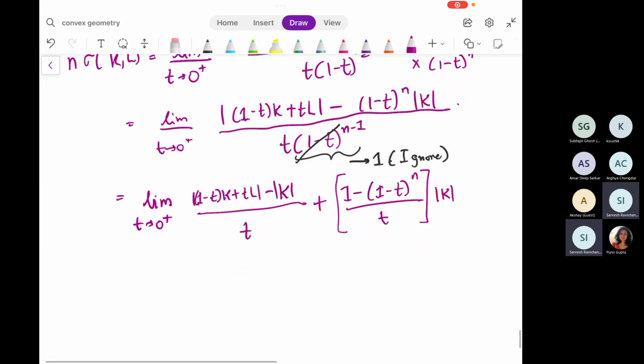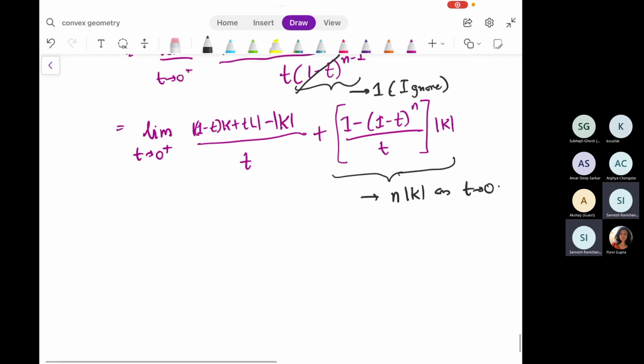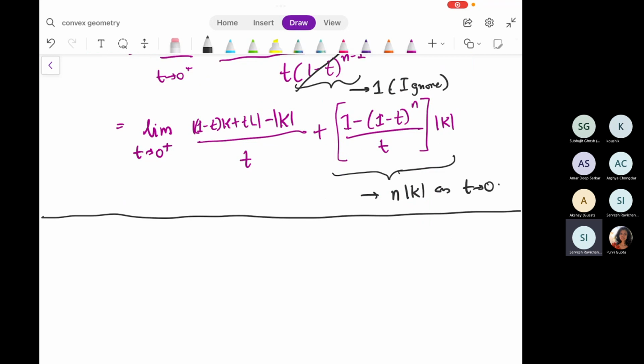And if you look at the second term here, it actually has a limit as t tends to 0. And what is that limit? That limit is just n times the volume of k. So this individual thing goes to n, and then multiplied by the volume of k, you just get n times the volume of k as t tends to 0. So therefore, what we have done is we have obtained an expression for sigma kl, and the expression looks as follows.